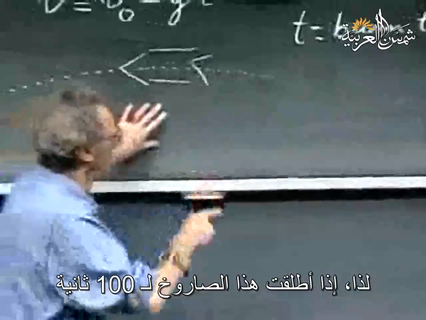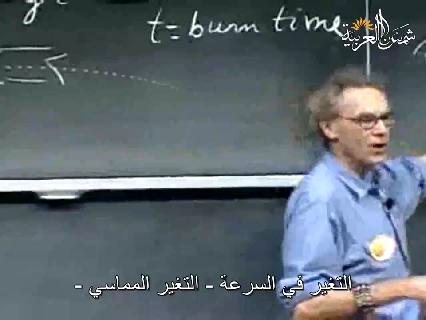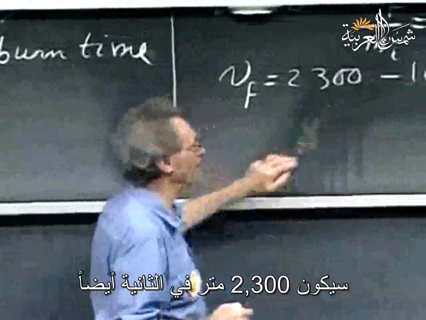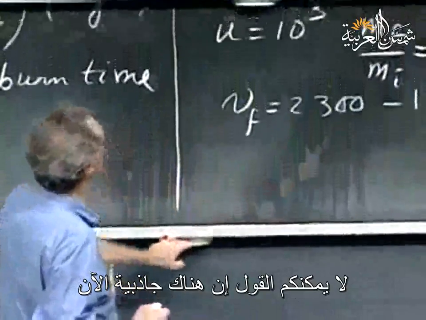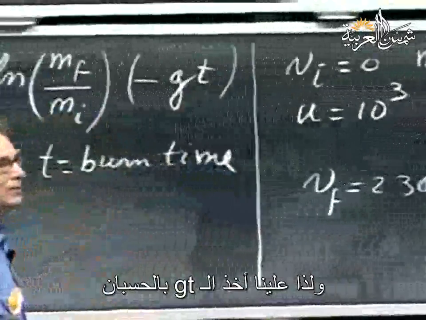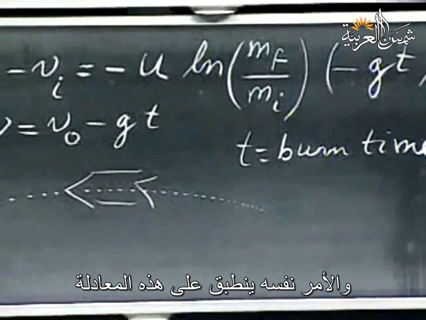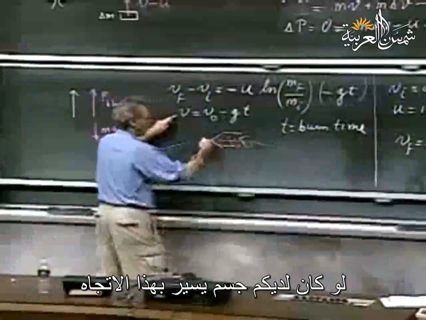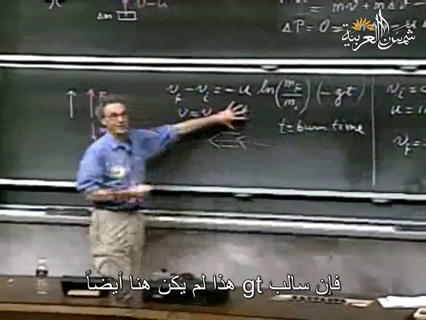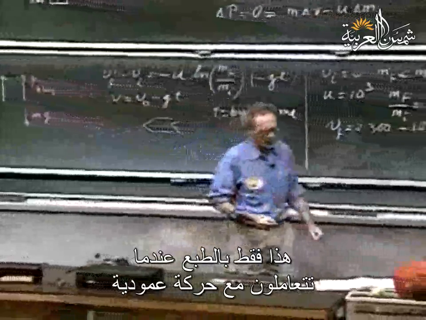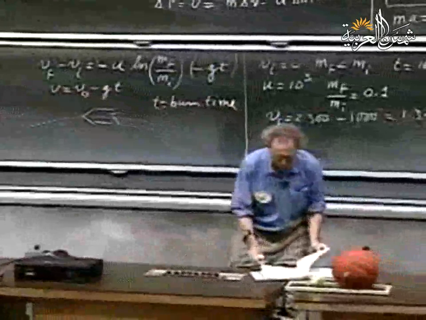And therefore, if you fire this rocket for 100 seconds, the change in velocity, the tangential change, will also be 2300 meters per second. You cannot say now there is gravity, and therefore we have to take the GT term into account. It would be the same for this equation. If you had an object going in this direction, this minus GT term wouldn't be there either. It's only, of course, when you deal with a vertical motion.